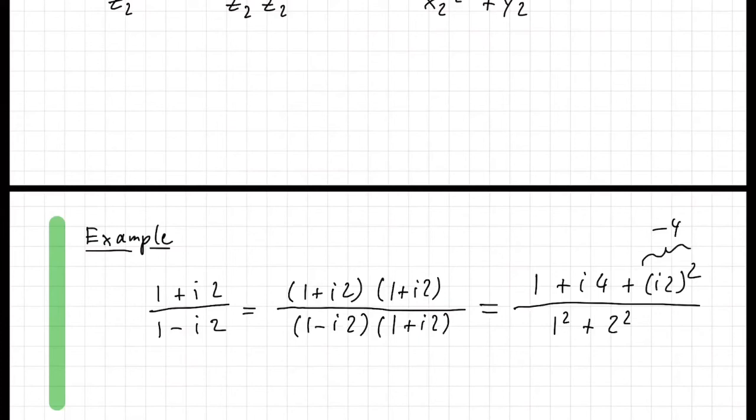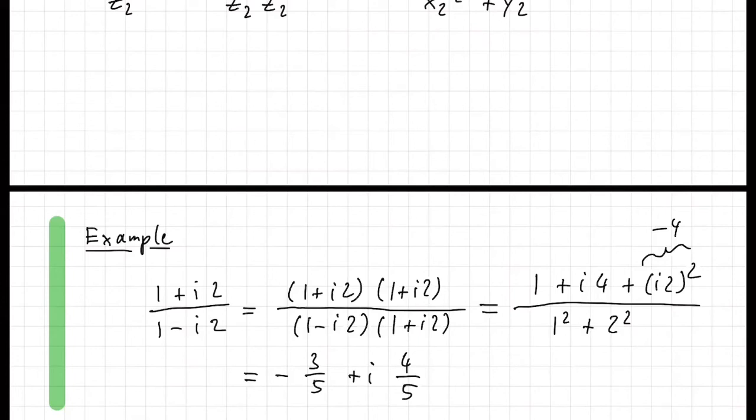So now collecting all the purely real numbers and the purely imaginary numbers together, we find that the real part is 1 minus 4, that's -3, divided by 5. And then we have plus i times 4 divided by 5. And this is the easiest way, in my opinion, to calculate these quotients.